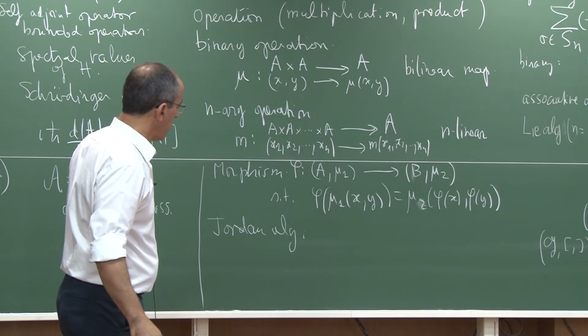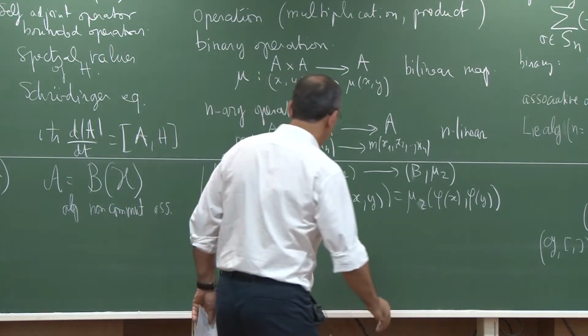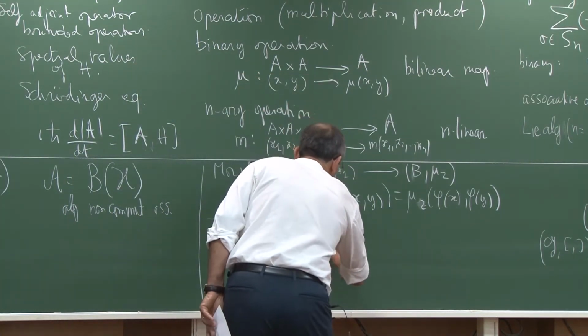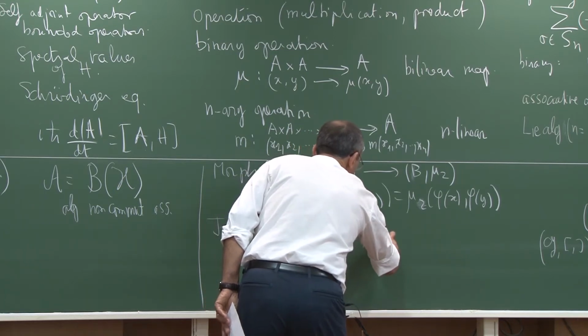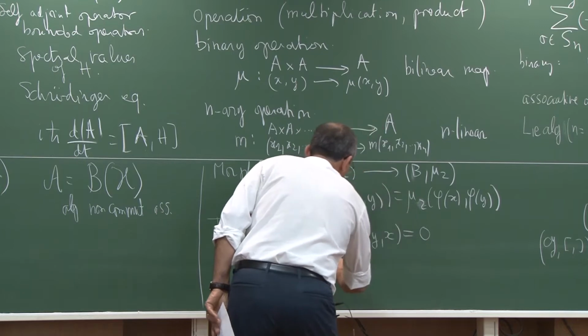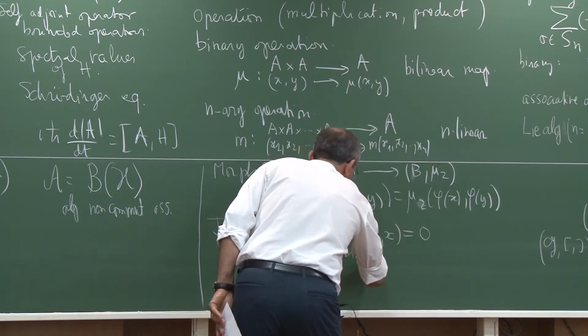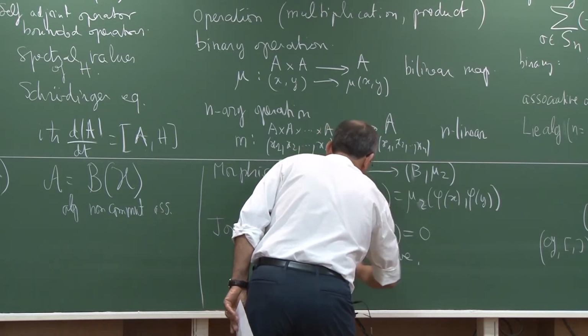Jordan algebra is defined by the following axiom: the associator of x squared, y, x is 0, and very often we assume it is also commutative.